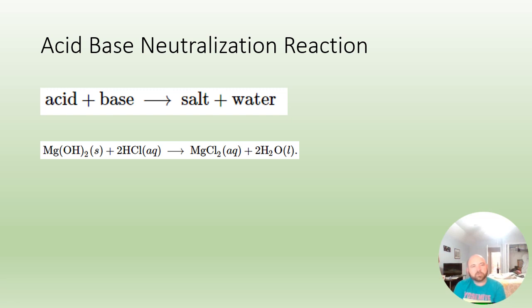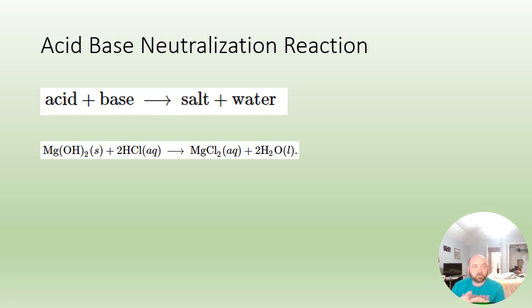So for the most part, this is a strong acid and strong base interaction. It can happen with weak acids and bases, but some of those equations tend to get a little more complicated. So for us, we'll stick to one of the metal hydroxides reacting with one of the strong acids that we saw on the list in a couple of the previous slides.